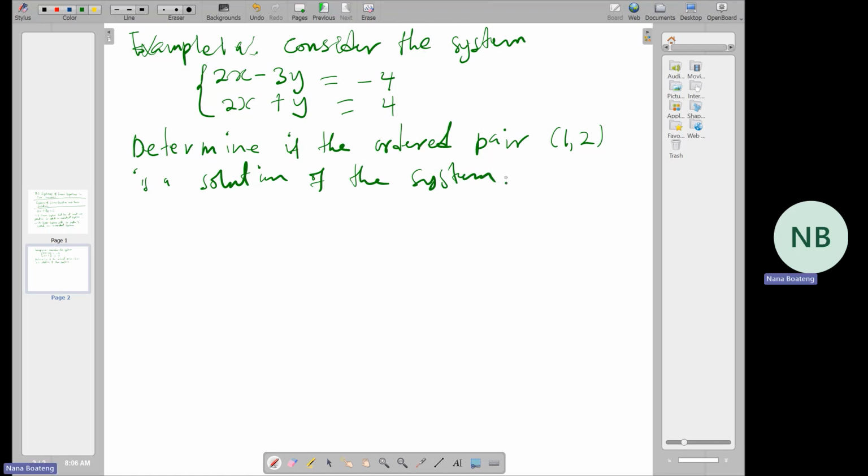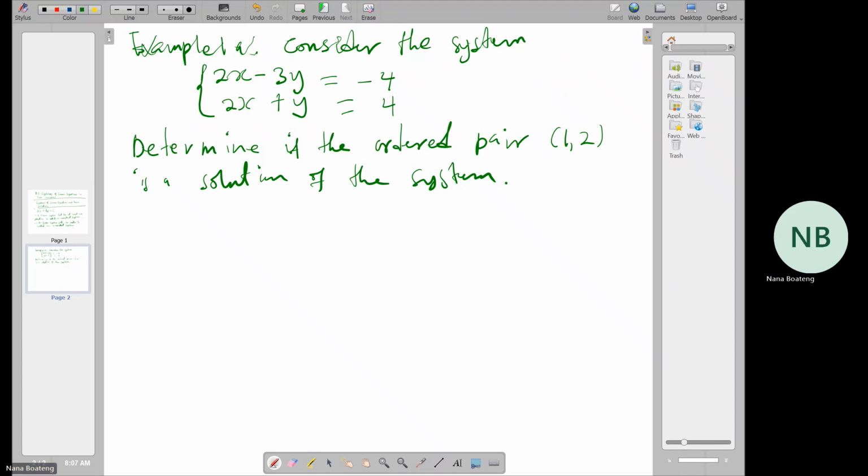If the ordered pair 1, 2 is a solution of the system, then when we substitute the values of x and y in the equation, the outcome on the left should equal the number on the right. So let's try and do that.